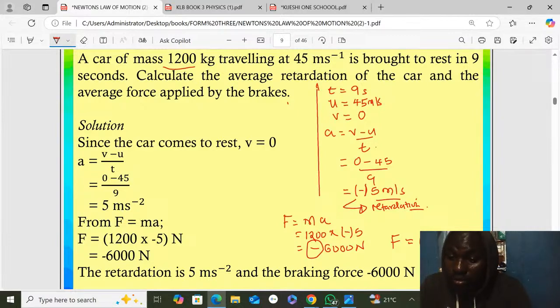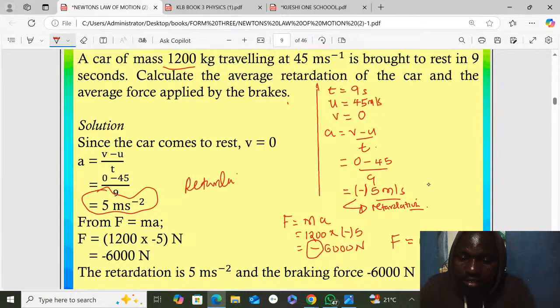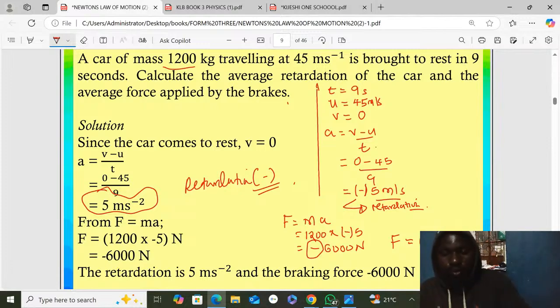It is wrong to treat everything positively. For example, in this case, they have ignored the negative sign because retardation carries the negative sign. The term retardation carries the negative sign. We may proceed.